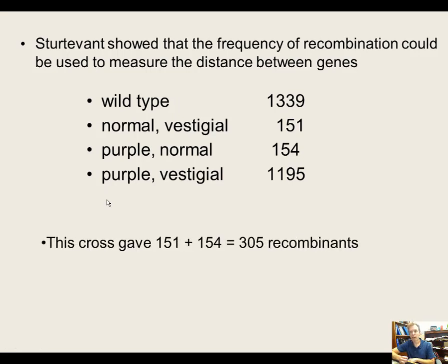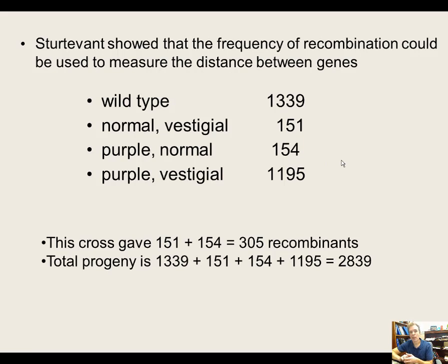What Sturtevant did was count up the number of recombinants. In this case, the number of recombinants is 151 plus 154, or 305. He then counted up the total number of progeny, which in this case is 2,839.